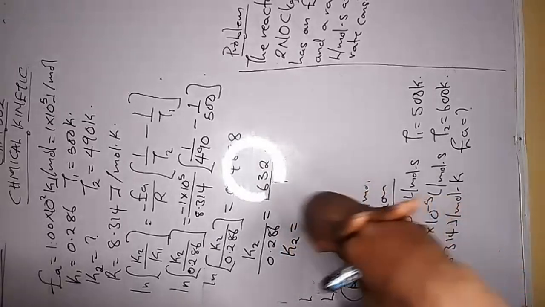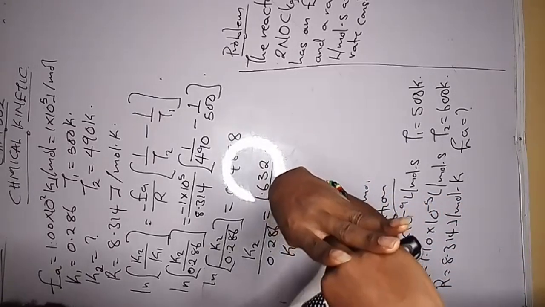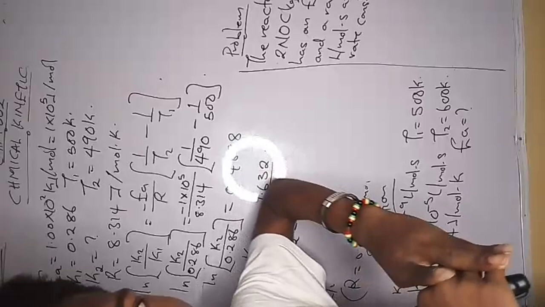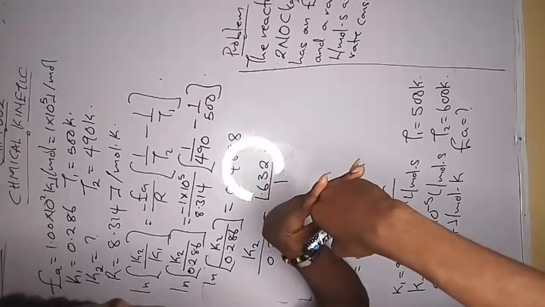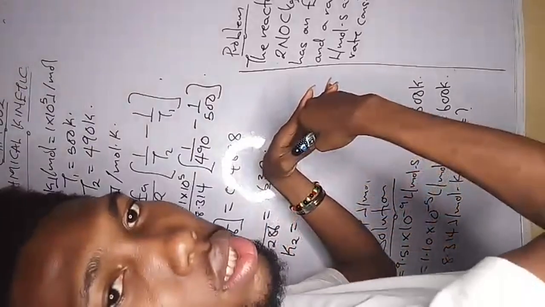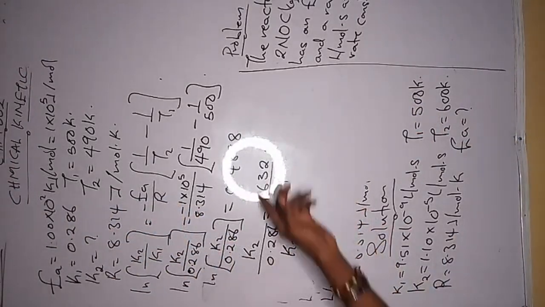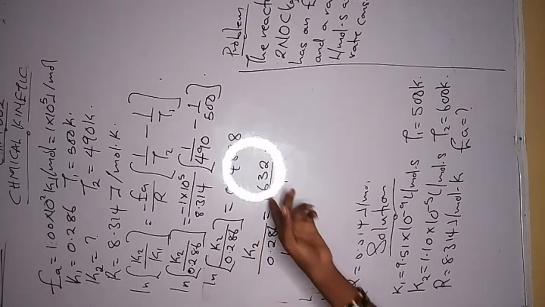So if you look at it, that value, I'm using my shadow to make it clear. Okay, so please, when we cross multiply, what does it give us? 0.286 times 1.632. What will be the value?